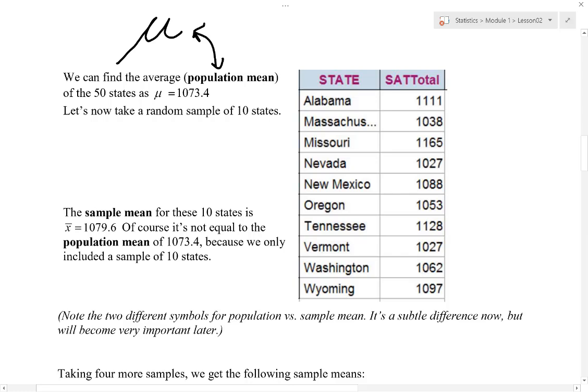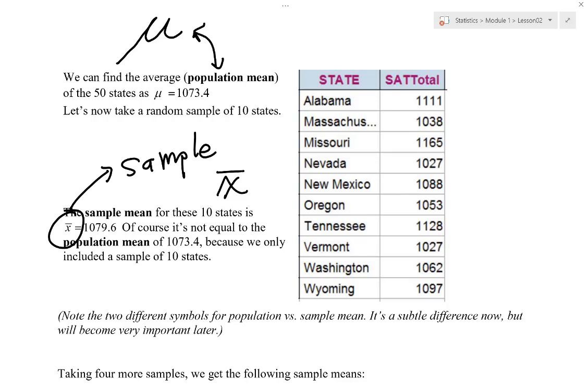If the average we're talking about is from a sample, then we use a different symbol for the mean, X bar, an X with a line over it. So we have two different symbols. Both of them are referring to the mean or the average.